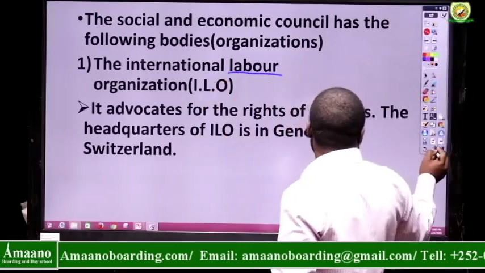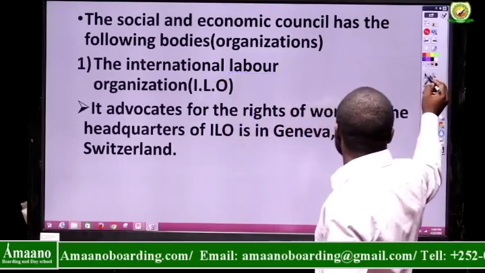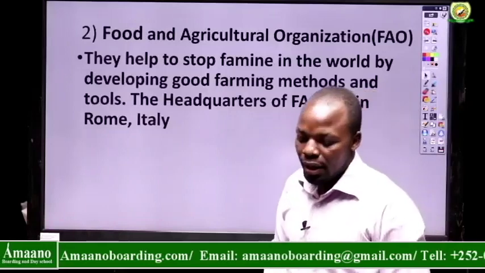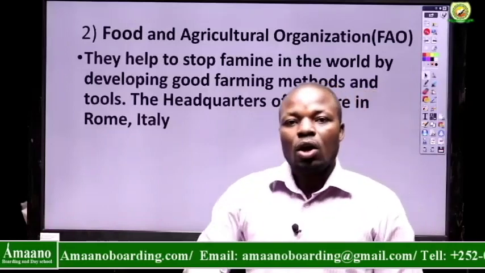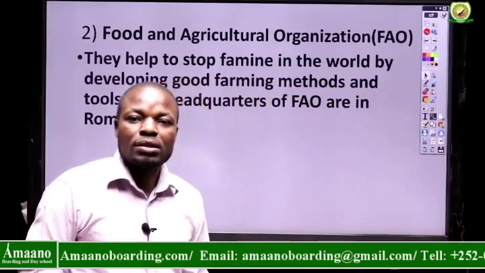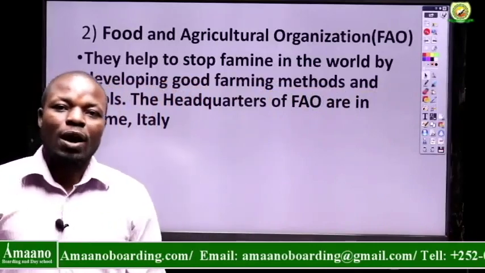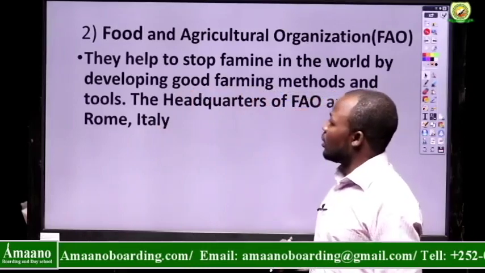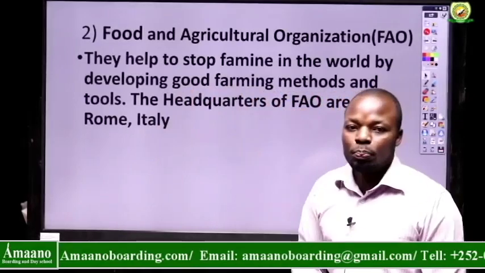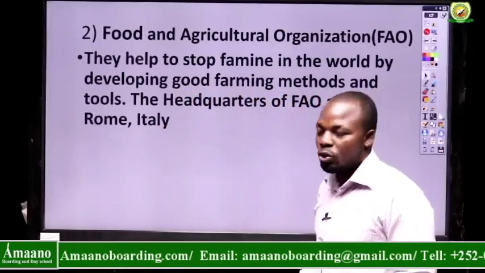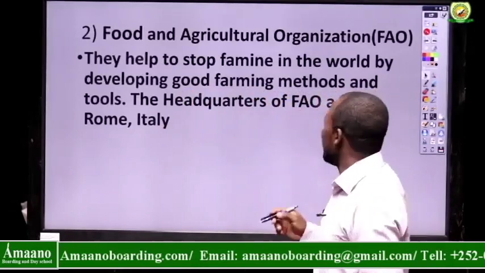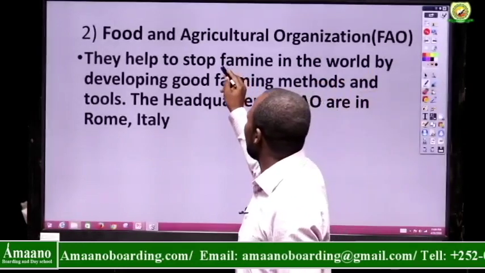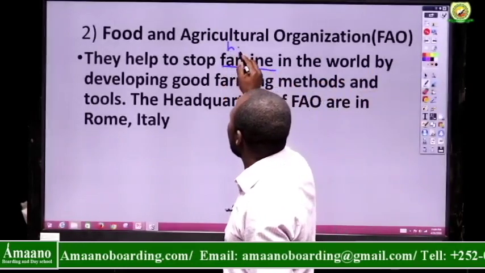The next body that we shall be looking at is the Food and Agriculture Organization, commonly known as FAO. This one helps to stop famine in the world by developing food farming methods and tools. Famine is a situation where there is no food, or hunger.